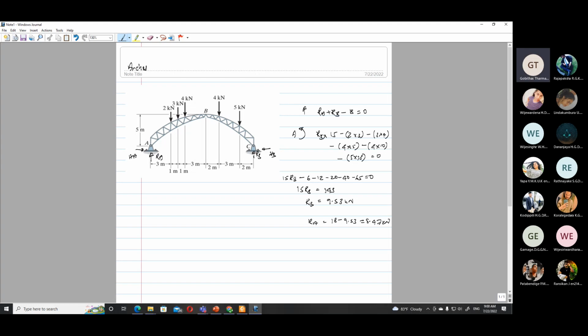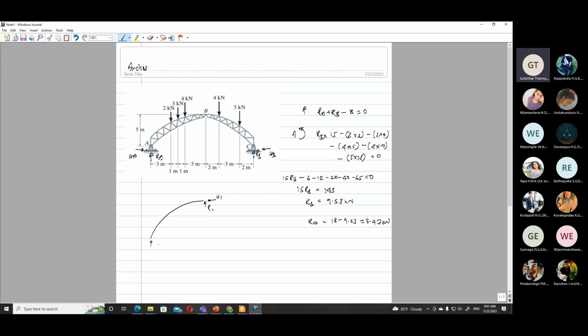Now let us break this structure into two components. If you break this at the hinge, here I should have RC and HC, but it's okay. Let me mark this one as R1 and H1.